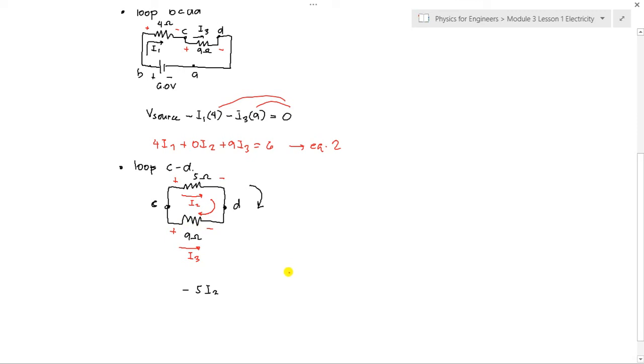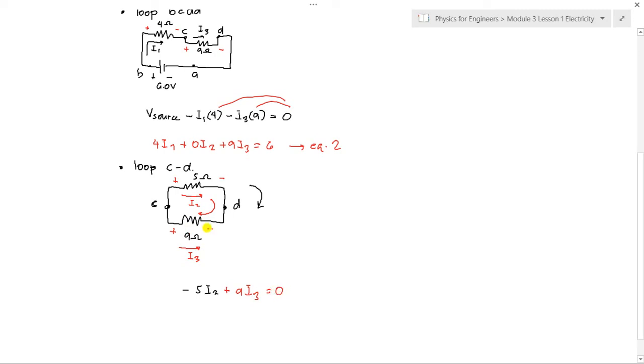So therefore it would be an addition. From negative to positive, that would be plus 9 I3 is equal to 0.